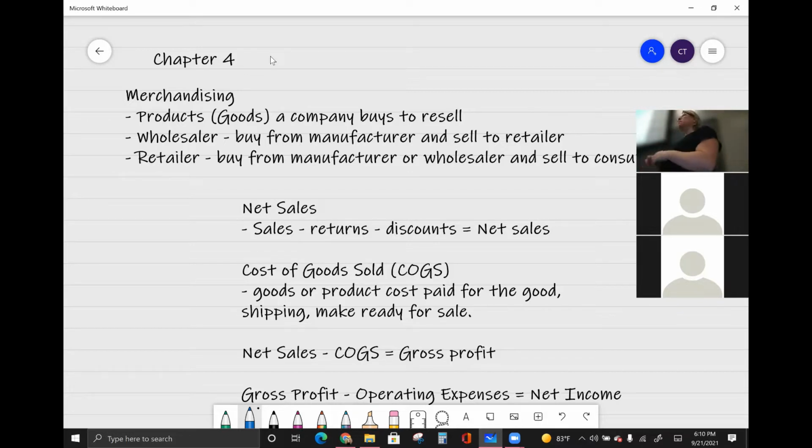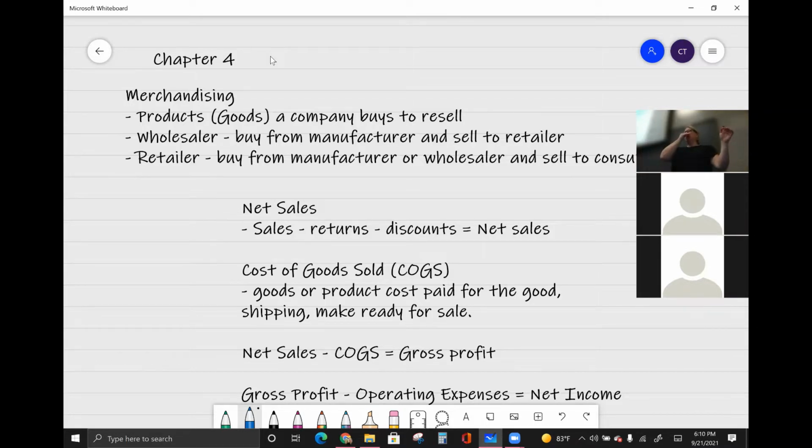Today, we're going to focus on a business that sells merchandise. So this is a product or goods, same thing, interchangeable. A company is going to buy product and resell it. And there are two types of businesses that do that. There are wholesalers. A wholesaler may buy from the manufacturer and sell it wholesale to someone else, maybe not you.